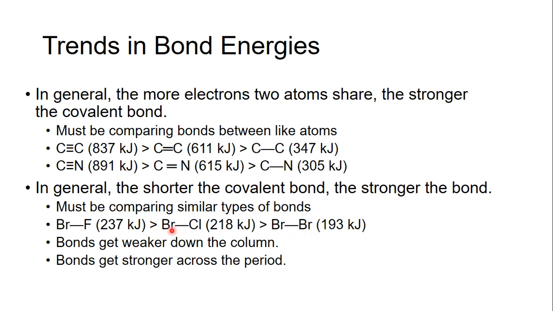So looking at the bond energies, it's harder to break BrF than it is to break BrCl than it is to break BrBr. In general, when you go down on the periodic table, your bonds get weaker because your atoms get bigger. And as you go to the right on your periodic table, your bonds get stronger because your atoms get smaller.